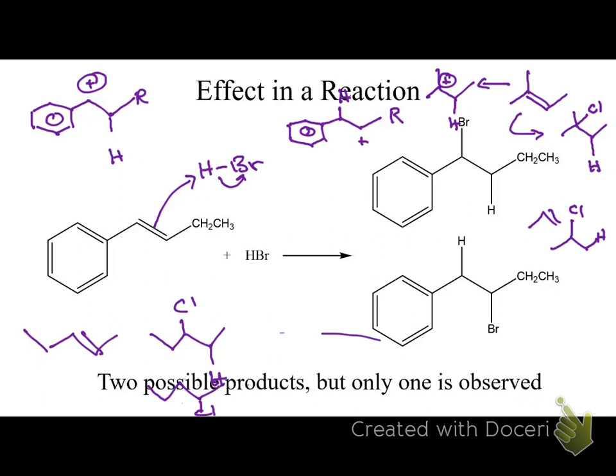Okay, so now we have another way to tell whether or not a carbocation is going to be more stable, and this doesn't follow Markovnikov's rule. So this is why it's important to understand where Markovnikov's rule comes from. It comes from carbocation stability. And when we look at this reaction, there's two possible carbocations. There's one that's here, there's one that's here.